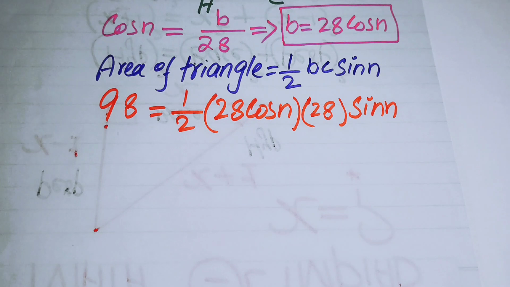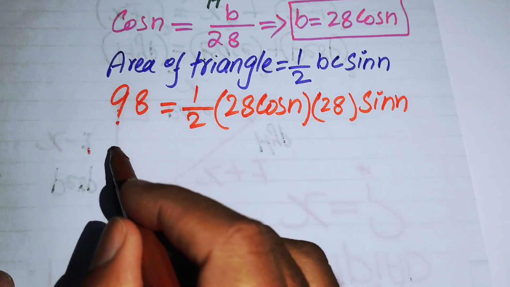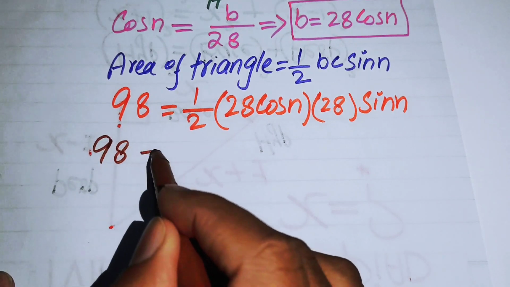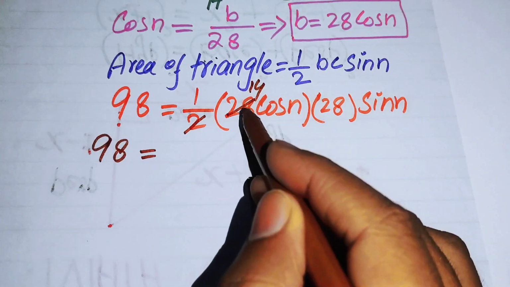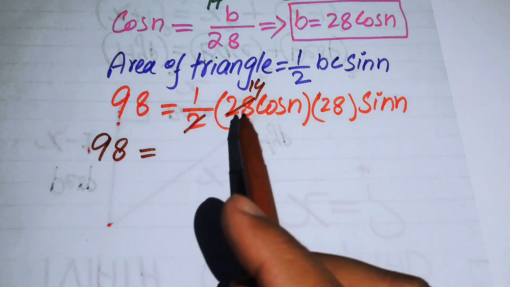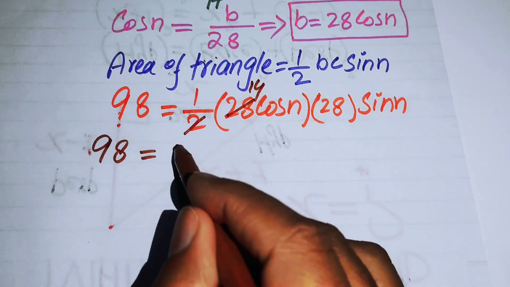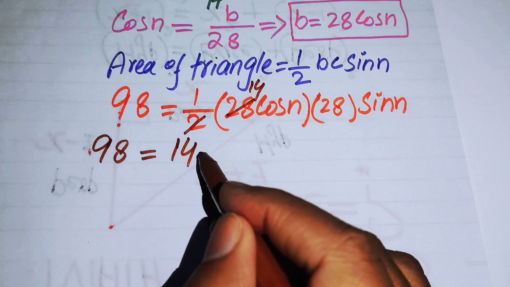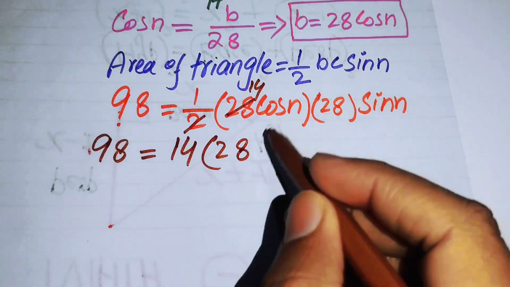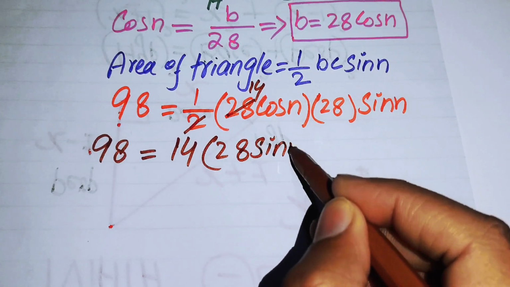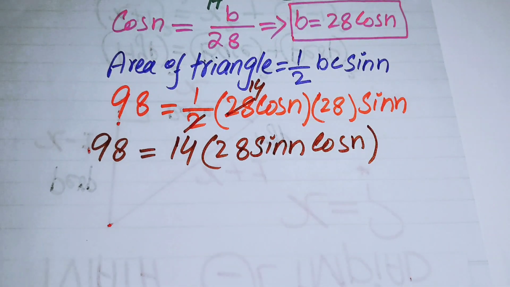In the next step we make a little bit of simplification: 98 equals, cancelling these two terms, 2 times 14 is 28, so we obtain 14 times 28 times sine of the angle n times cosine of the angle n.